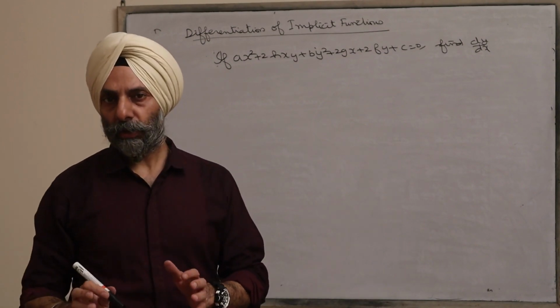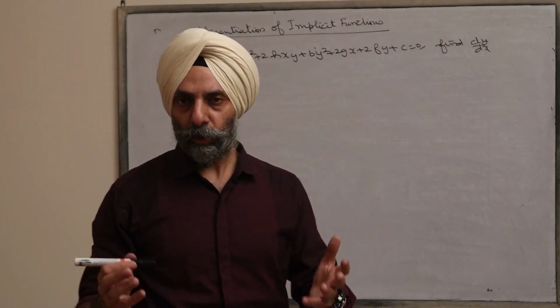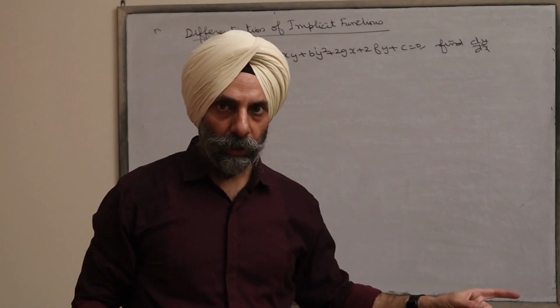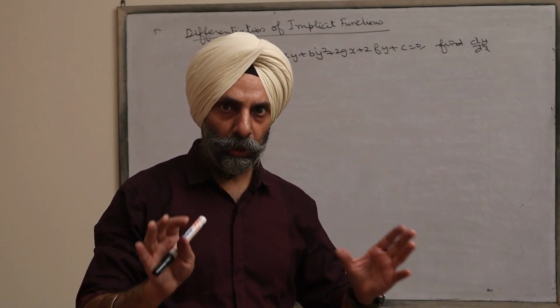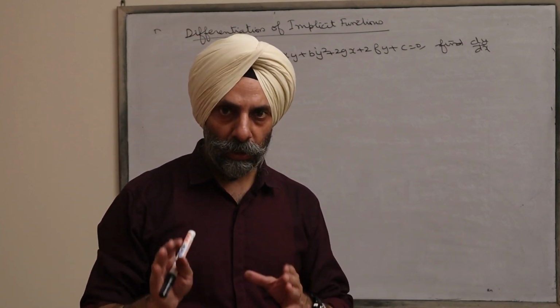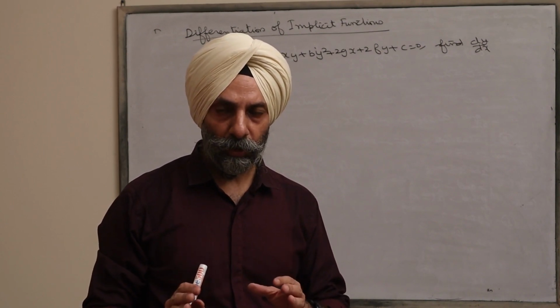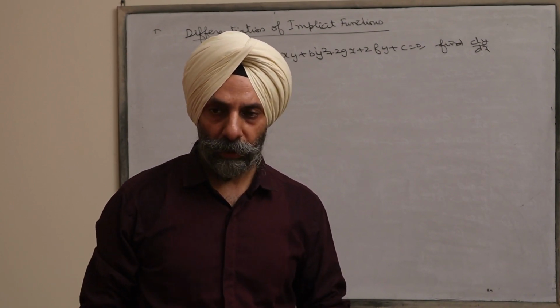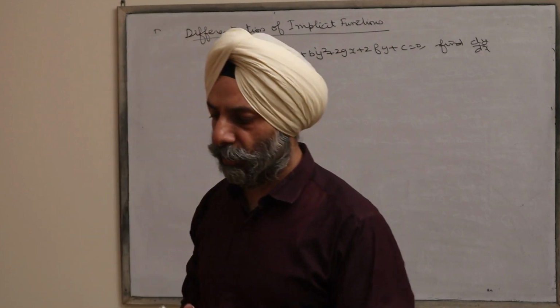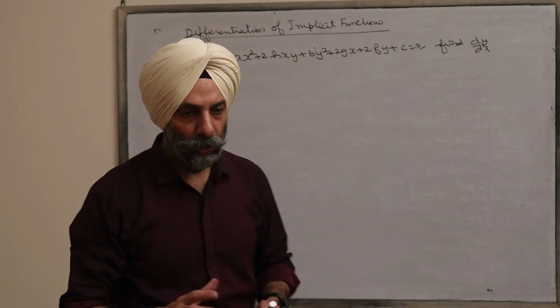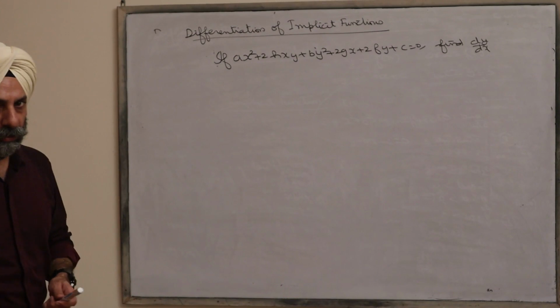This is the relation which is given to you. You must be knowing that it is the general second degree non-homogeneous equation. It can represent a pair of lines, it can represent a circle, it can represent any conic here. But at the moment we are discussing the differentiation.